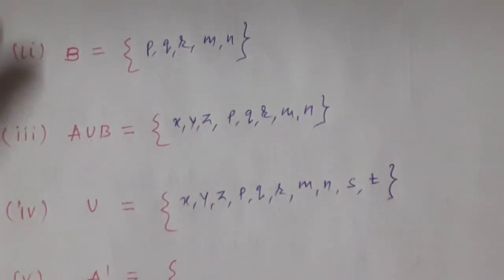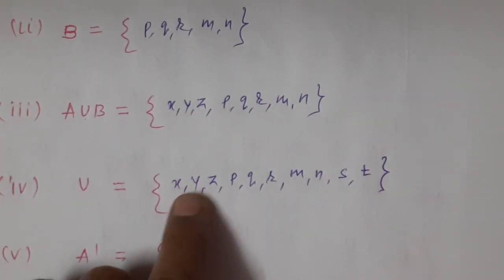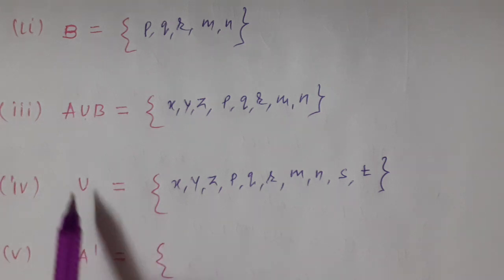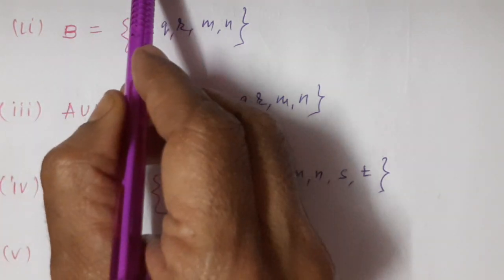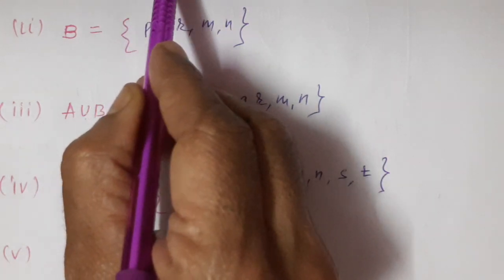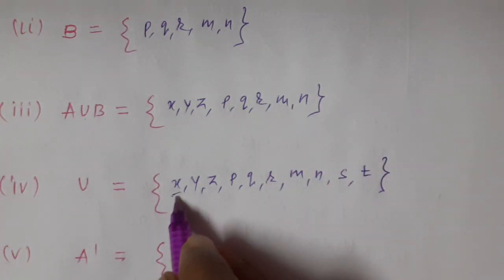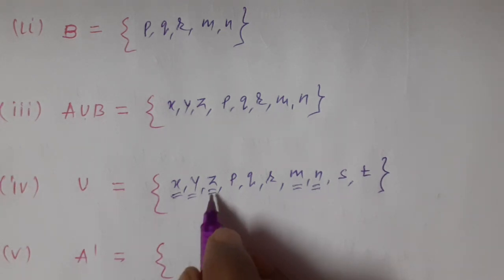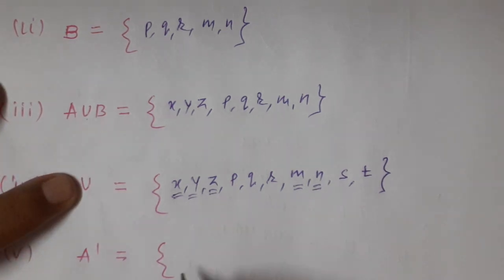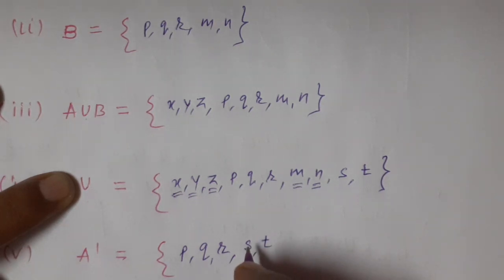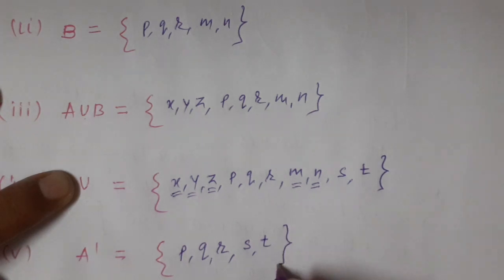So you have to compare this A set with U set, that is X, Y, Z, P, Q, R, M, N, S, T. Whatever elements are present in A, you have to leave; you don't want to consider X, Y, Z, M, N. So what are the remaining elements in the universal set? P, Q, R, S and T, that is A's complement.